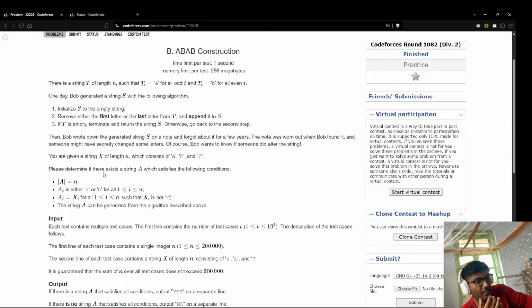Either I can take A, okay. Then Bob wrote down the generated S.